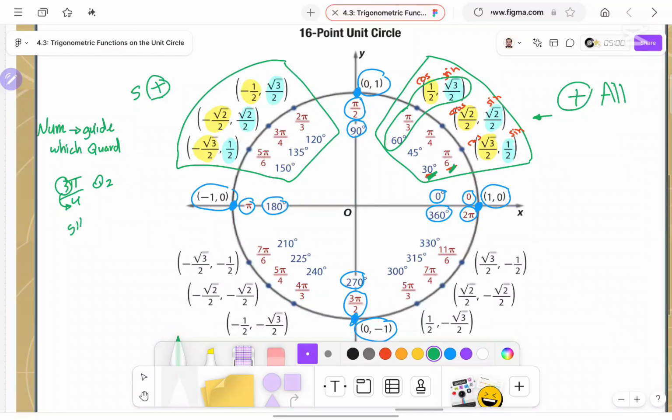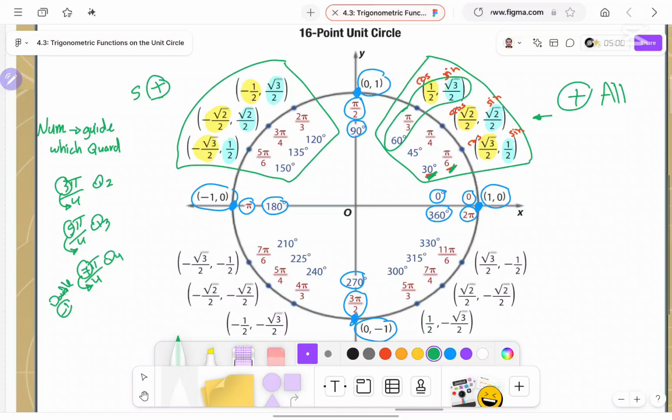Let's say 5 pi over 4, the numerator is greater than the denominator by 1, so we are in quadrant 3. Let's say 7 pi over 4, the numerator is double the denominator minus 1. Double of 4 is 8, 8 minus 1 is 7. So we are in quadrant 4.